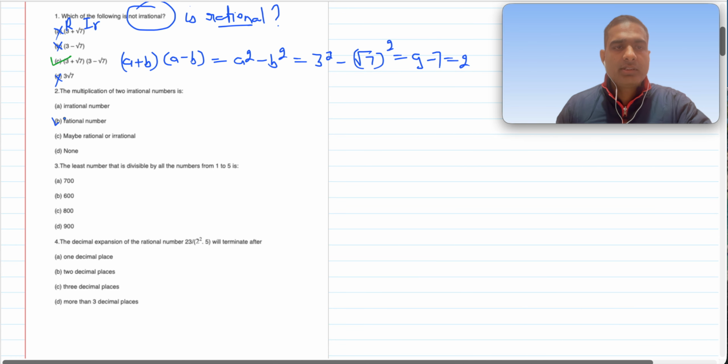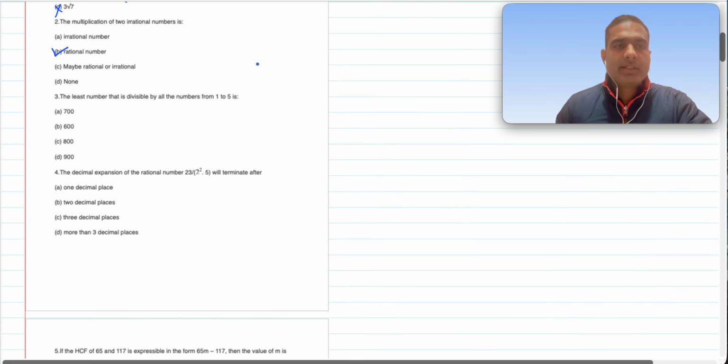So we can see that it will be a rational number, but we don't have to take option B as the answer because there is an option that it may be rational and it may be irrational also. So we have to be very cautious. If we get the answer, then also go through each and every option.